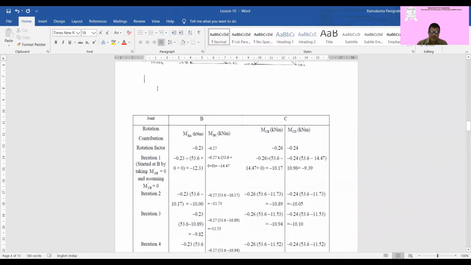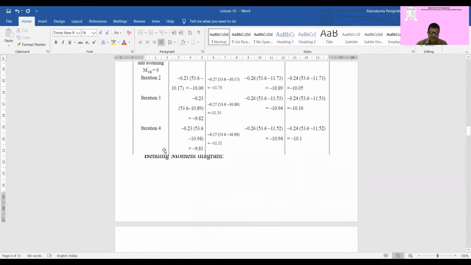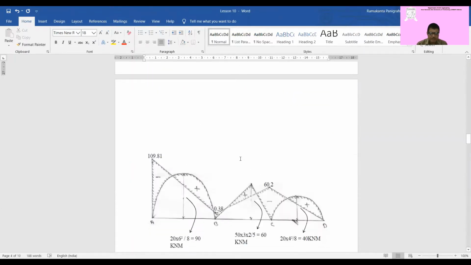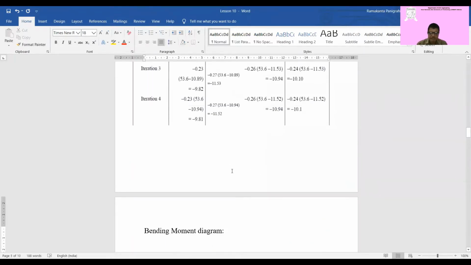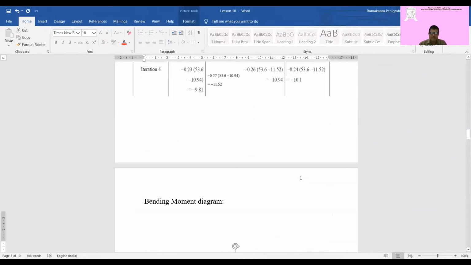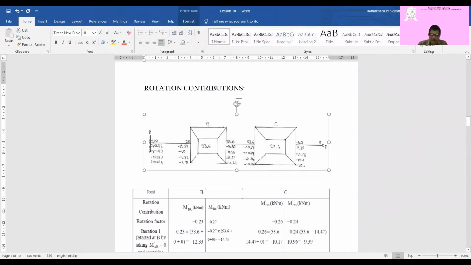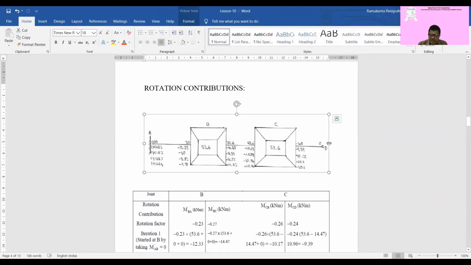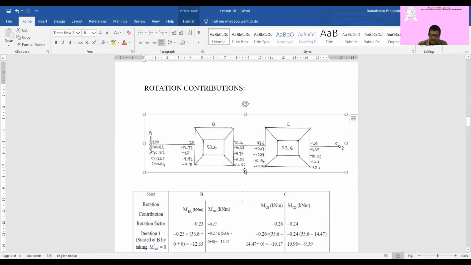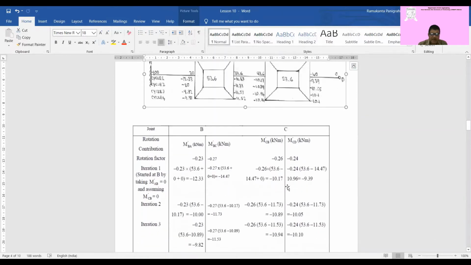You can see this table and you can see both the things. Now you can make some larger things so that you can see this. Now you see what is being done here.